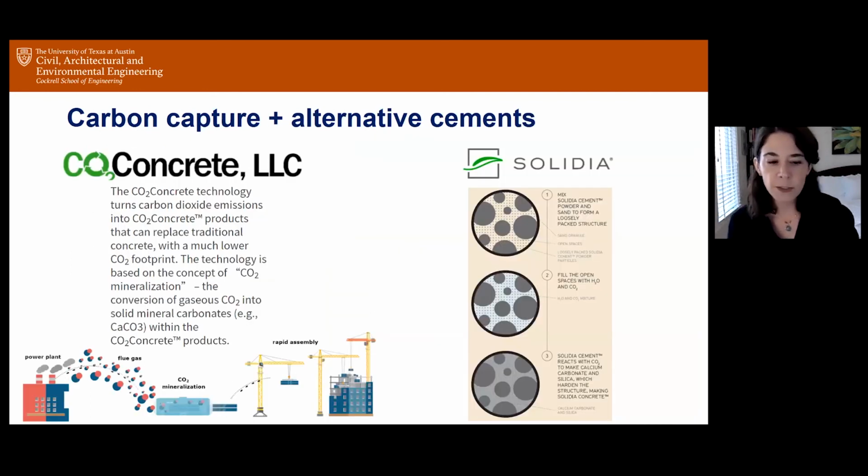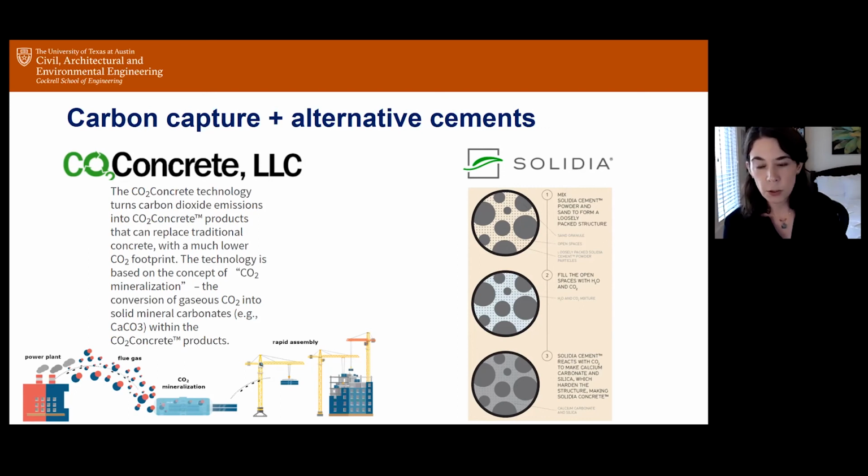Another unique opportunity with cements, and I wanted to bring this up, is that the concept of carbon capture is not independent from the concept of changing the cement material itself or creating an alternative cement. And so there's a unique opportunity in the cement industry to do both at the same time. So there's a lot of research opportunity, as I mentioned, in alternative cements, but also in alternative cements that actually capture CO2 as part of the mineralization process to make the material.